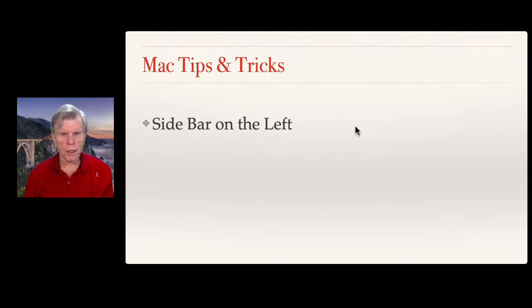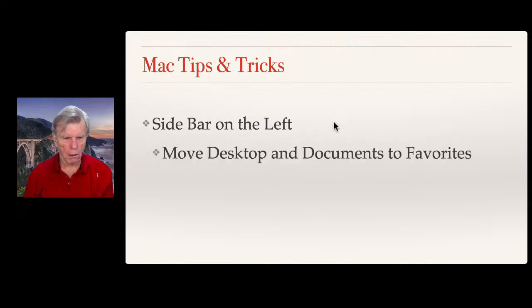So let's turn our attention to the sidebar, which is on the left-hand part of your Finder screen. In the sidebar, you can move the desktop and documents to favorites if they are under iCloud Drive.